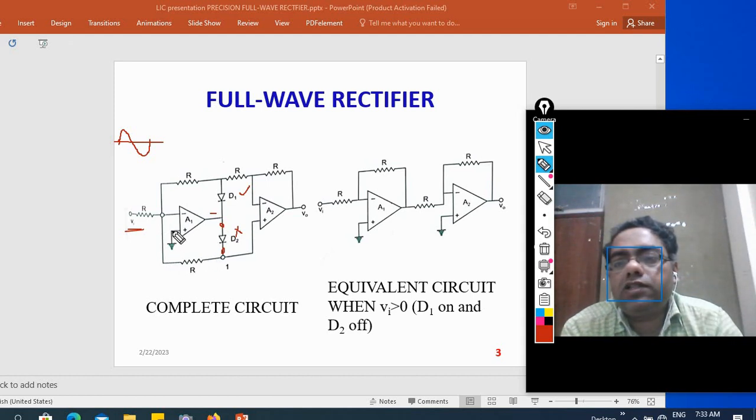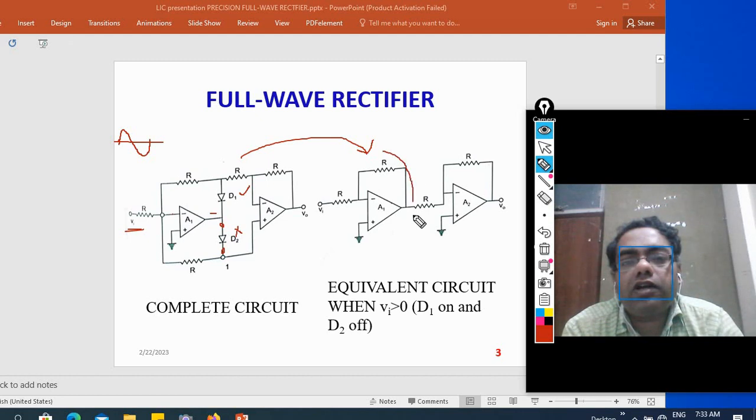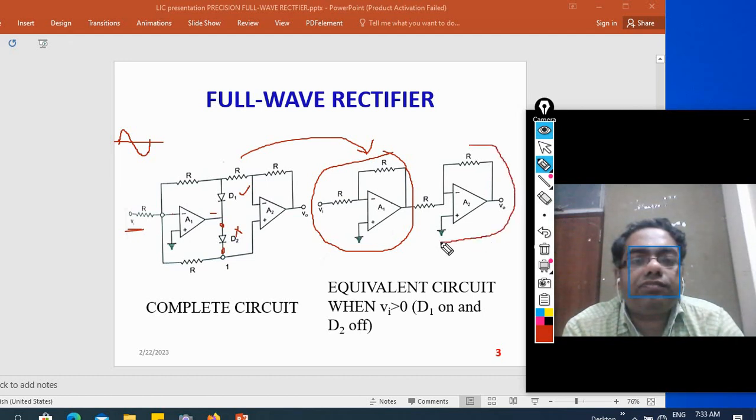Now this is 0 volt, so due to virtual ground, this also will be 0 volt. So this is grounded, this line we can remove, and the equivalent circuit becomes this. If you see this circuit carefully, this is one inverting amplifier configuration and this is another inverting amplifier configuration.